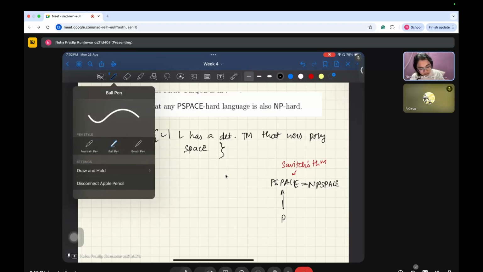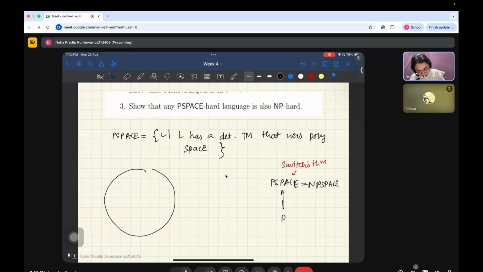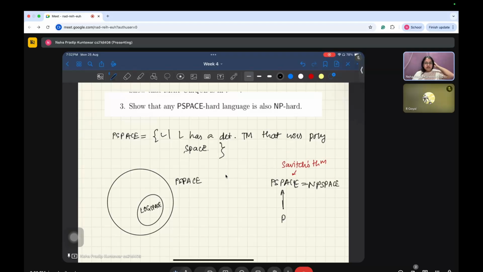So we have this P-space class, and we know that log space is contained inside it. Like earlier, we need to define a notion of the hardest languages for P-space, which we will call P-space complete.